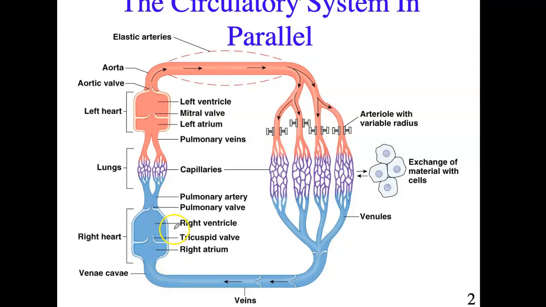So if you drew it so that you had the right heart in blue because you have deoxygenated blood and it's coming over to the capillaries of the lungs and it's loading up, and so it's leaving those capillaries red. And it's coming to the left side of the heart now and pumping to the rest of the body. And this would be the aorta here, because that's the biggest vessel leaving the heart, and you'd pump it and it would go to all these different organs and it branches.